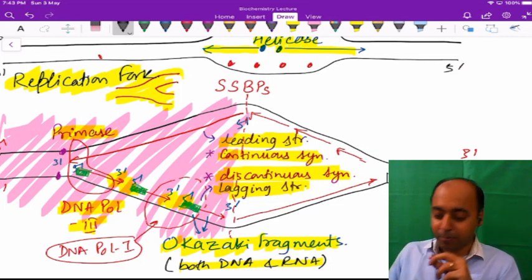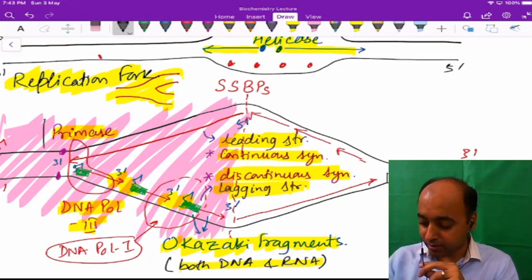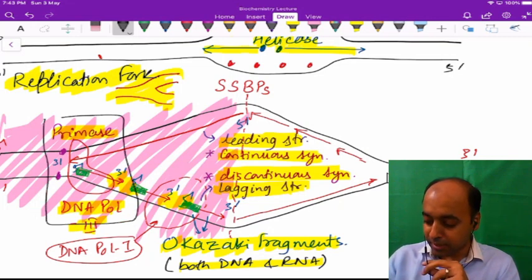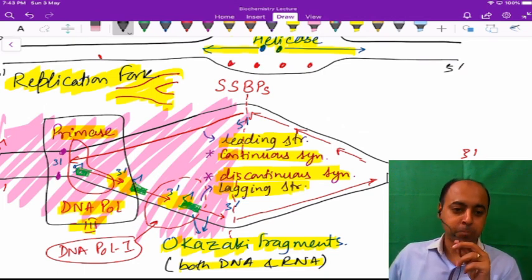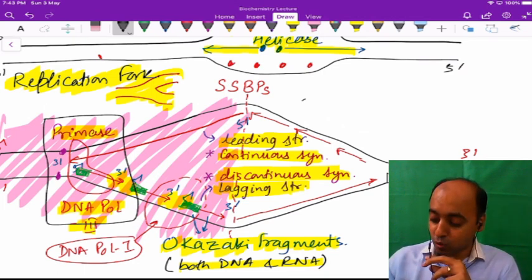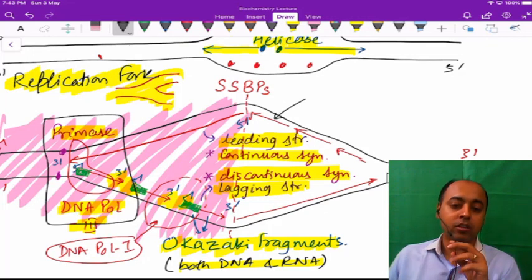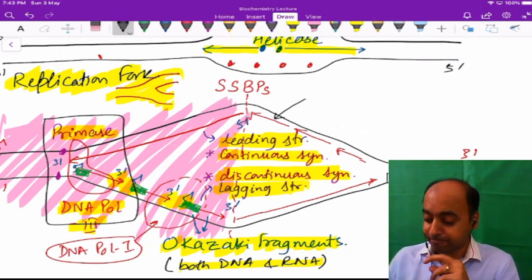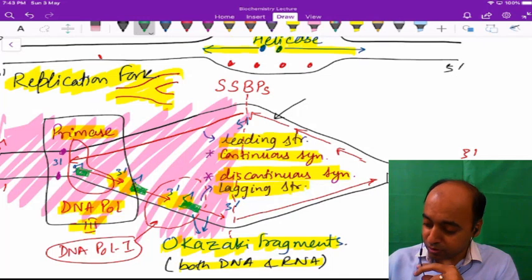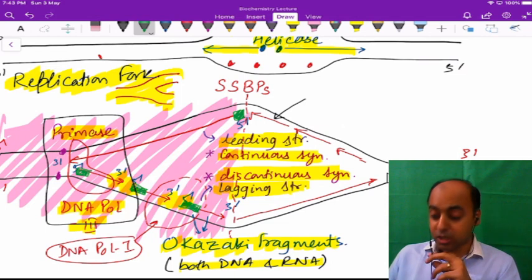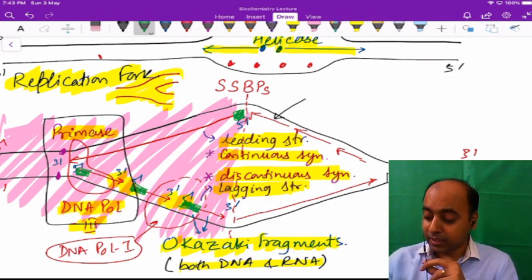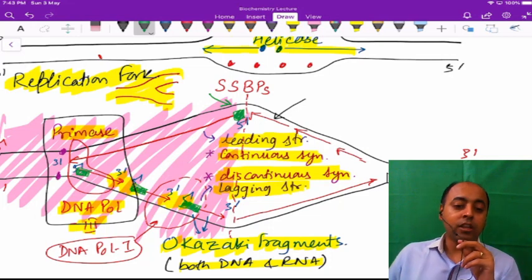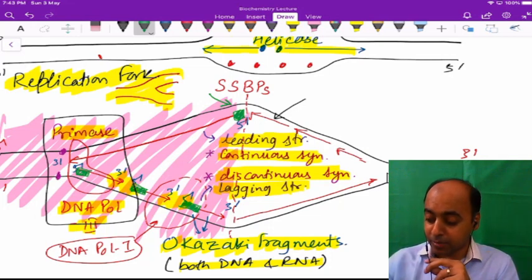So please note, by the time we reach here, the Okazaki fragment on the second half of the replication fork, or you can say the second replication fork, will have processed and progressed to merge with the strand which we call the leading strand, and thereby giving us a picture like this.